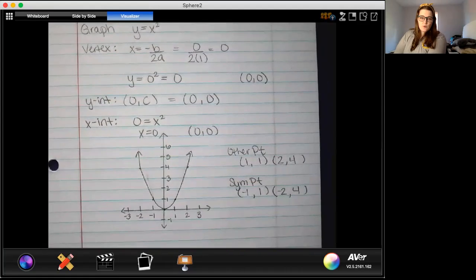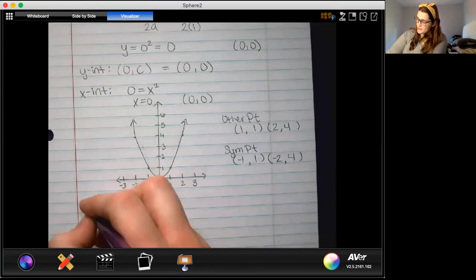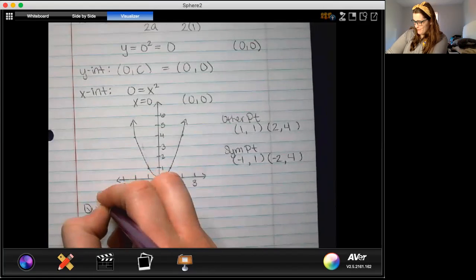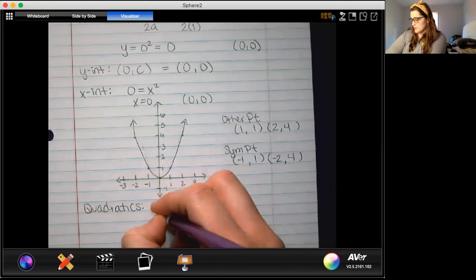Okay, so this is what we refer to as the parent function. This is the original equation of all quadratics. It's the most basic form of a quadratic. It's at 0, 0 for everything: y-intercept, x-intercept, and the vertex. So for quadratics, this is what we would refer to as the parent function.